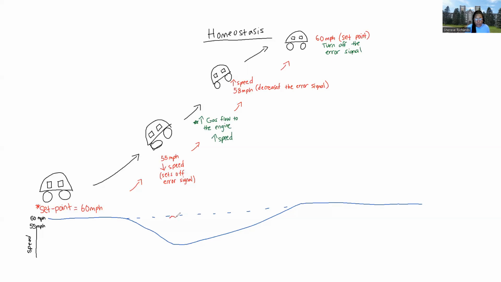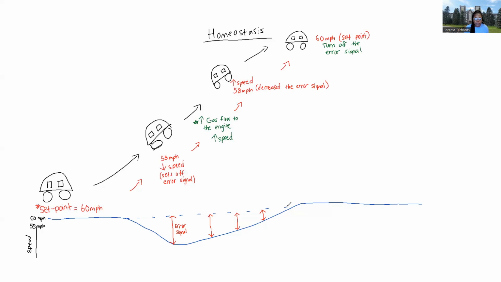So because here we're really far away from that set point, we're going to have a really large error signal. Okay, as we begin to increase gas flow to the engine, notice that the error signal gets smaller and smaller and smaller until it is eventually turned off. So the degree of the error signal is the degree with which we are away from our original set point value.